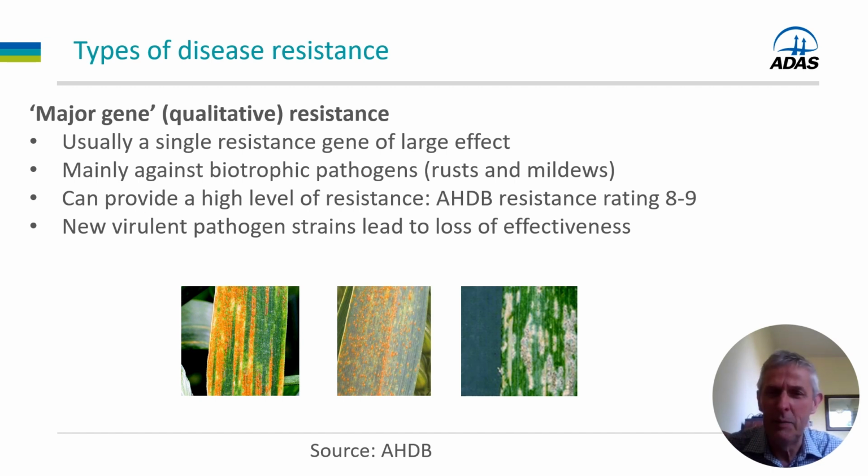So an AHDB resistance rating of 8 or 9, for example. But the downside of it is that new virulent pathogen strains can lead to quite a rapid loss of effectiveness. And if we understand the mechanisms, we can understand perhaps a bit better why this should be.